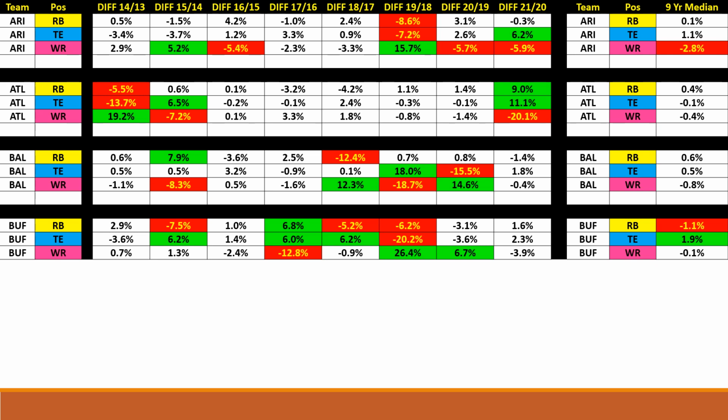Atlanta in 9 years, and I'm usually going to start with the 9 year, just gives me a big look. Nothing really is going on there. But last year we really had Pitts going up by plus 11%. Goodness, they turned to him. And Patterson at plus 9.